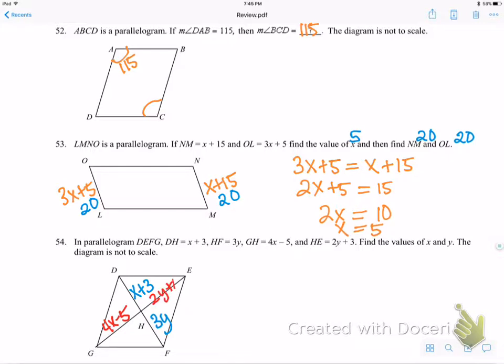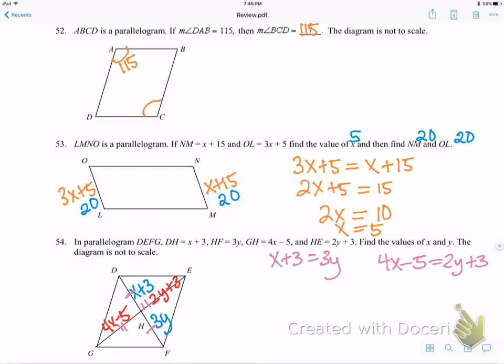Now, this is a little bit of a tricky problem, maybe one of the trickier ones on the test review here. First thing you need to remember is that diagonals in a parallelogram bisect each other, which means that this is congruent to this. So x plus 3 is equal to 3y, but also 4x minus 5, GH, is equal to 2y plus 3. Now we need to solve for x and for y.